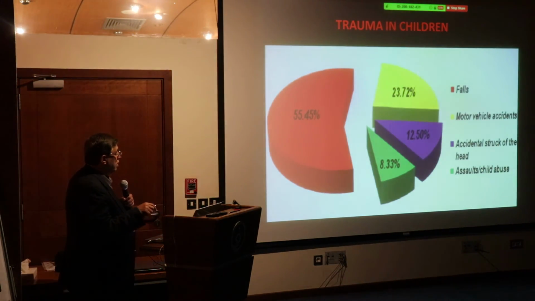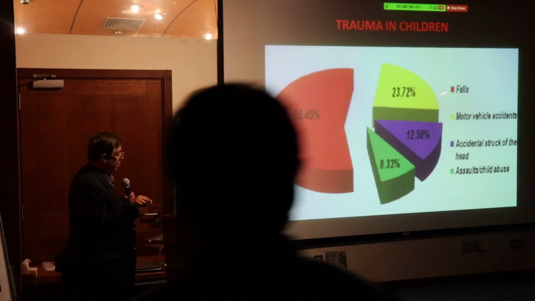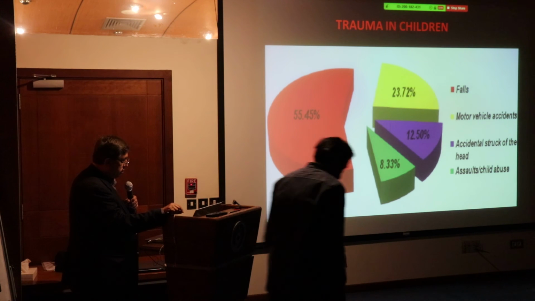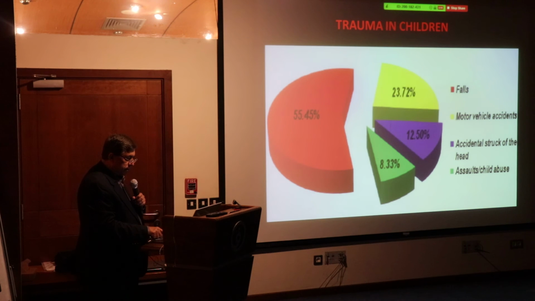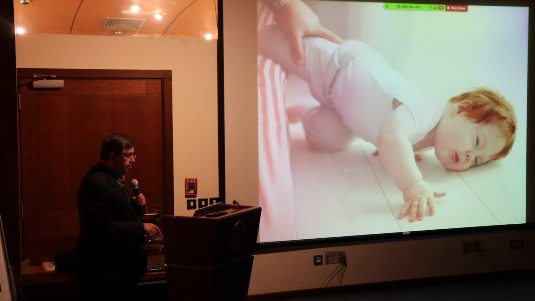So when we have a child who had a trauma, most of the trauma to children is through falls, followed by motor vehicle accidents, accidental strikes on the head, and assaults and child abuse. So falls mainly at home and in the schools.